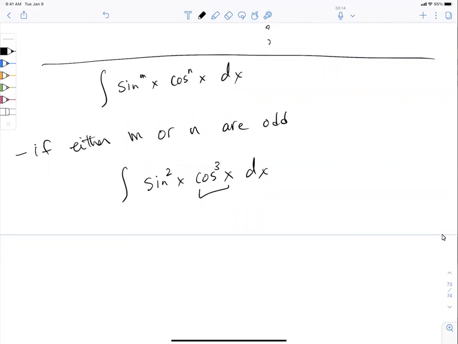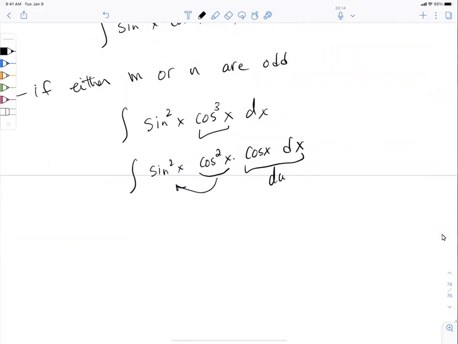But whichever is the odd one, you peel that off. This is going to give you your du, which means you have to convert the remaining part to the other function. So I change the remainder of cosine squared to 1 minus sine squared.